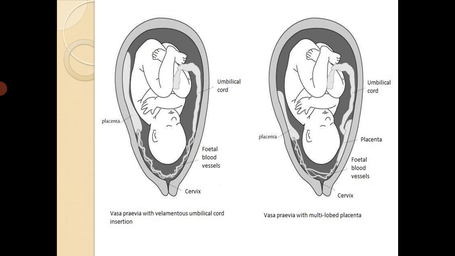With fetal descent and rupture of membranes, the blood vessels are subject to compression and rupture before the descent of the fetal head or presenting part. Vasa previa may also occur with a succenturiate placenta, or in conjunction with velamentous insertion of the cord.